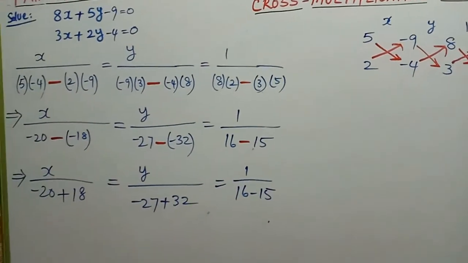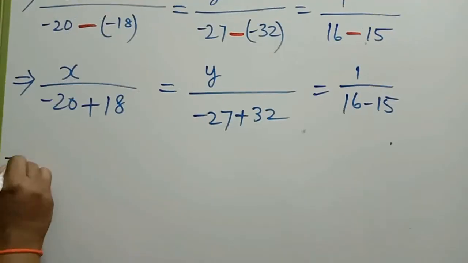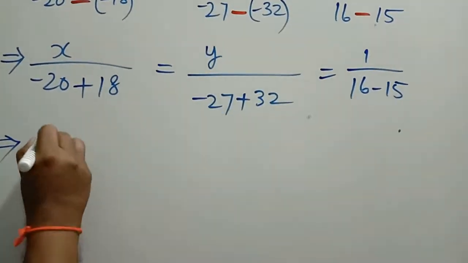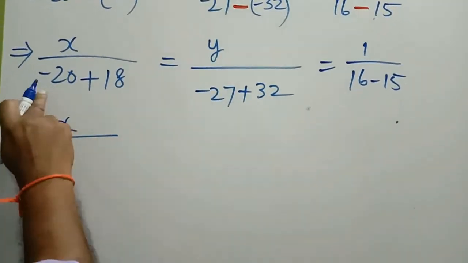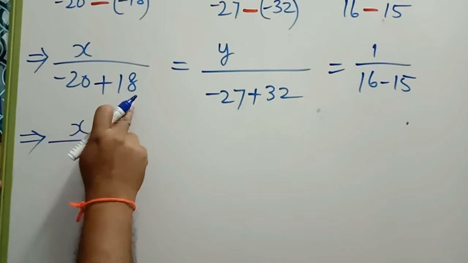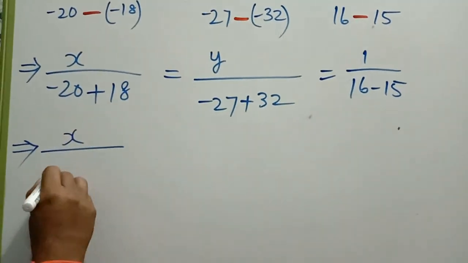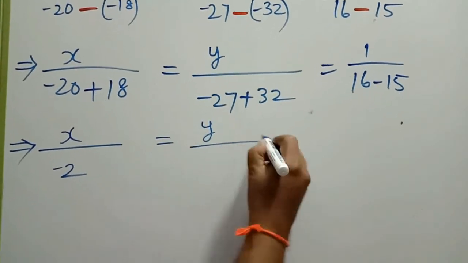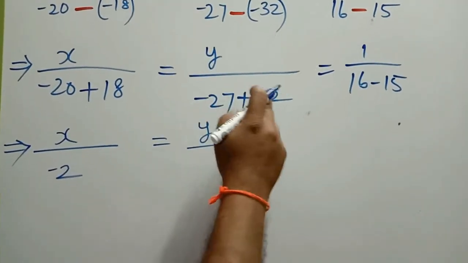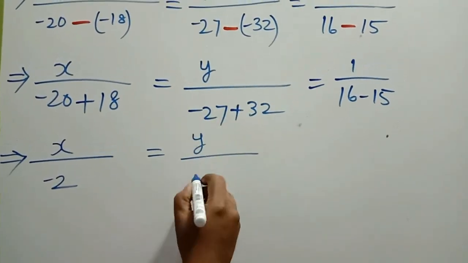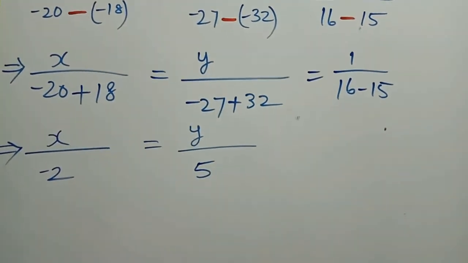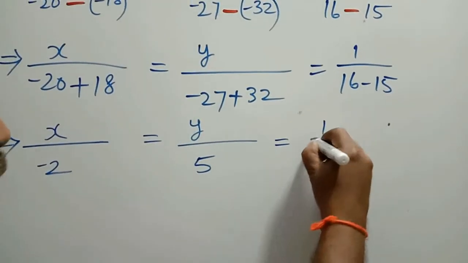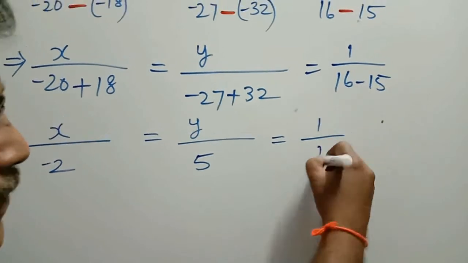So x by minus 20 plus 18, that is 18 minus 20, equal to minus 2. Y by minus 27 plus 32, that is 32 minus 27, 5, equal to 1 by 16 minus 15, 1.